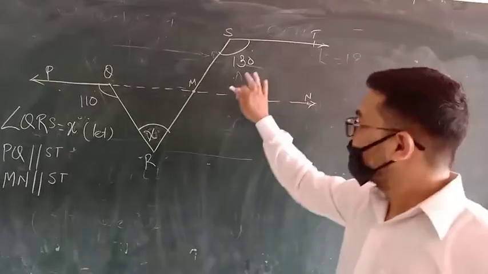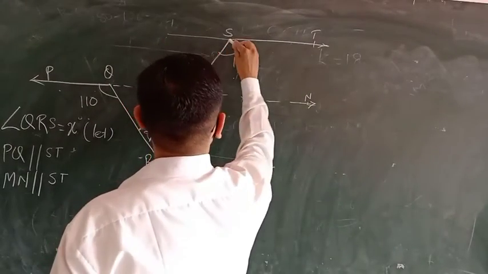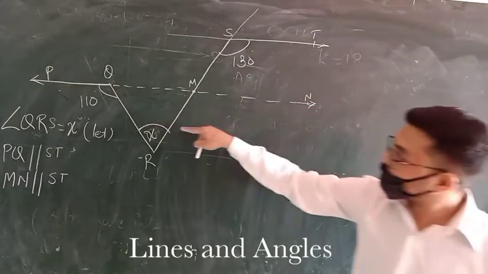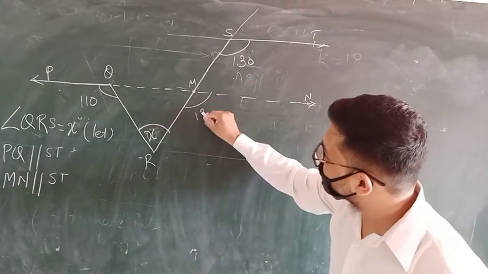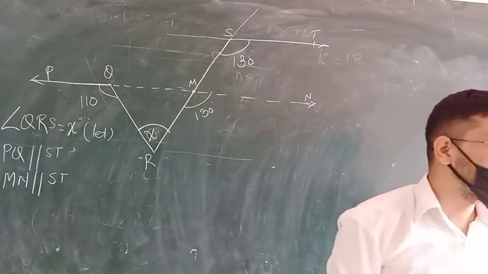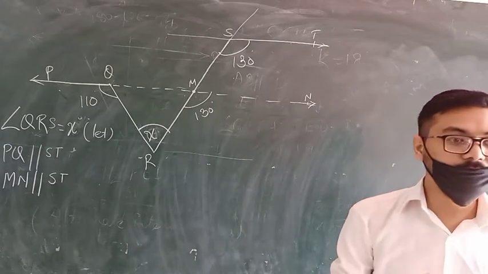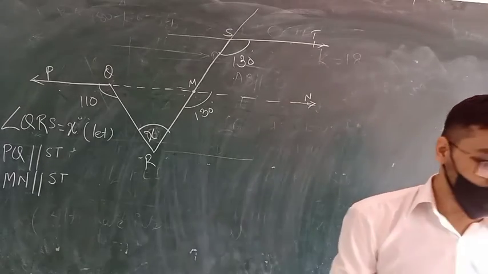Now if this angle is 130, this angle is 110, how to calculate theta? Let's extend this line and extend this line. Now these two lines are parallel. This is the transversal line. If this is 130, I can say this angle is also equal to 130. The reason is corresponding angles. Any doubt in this step?